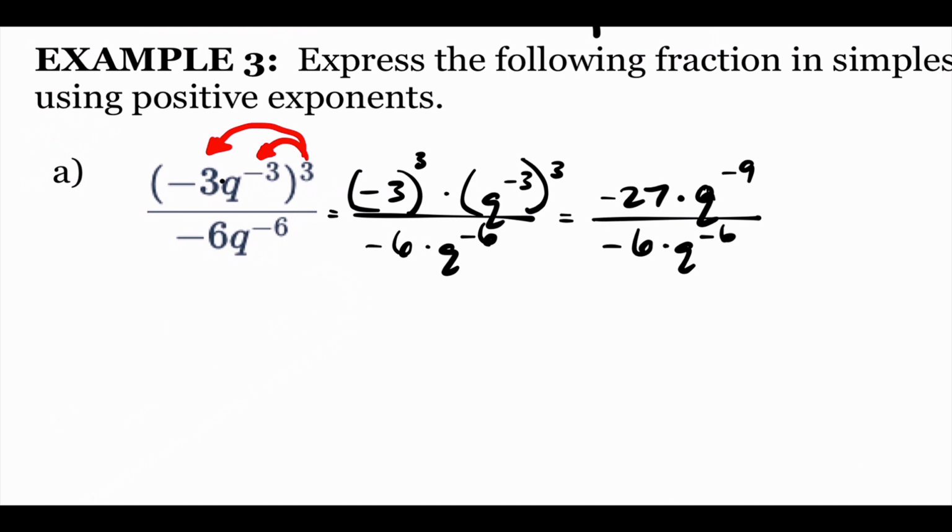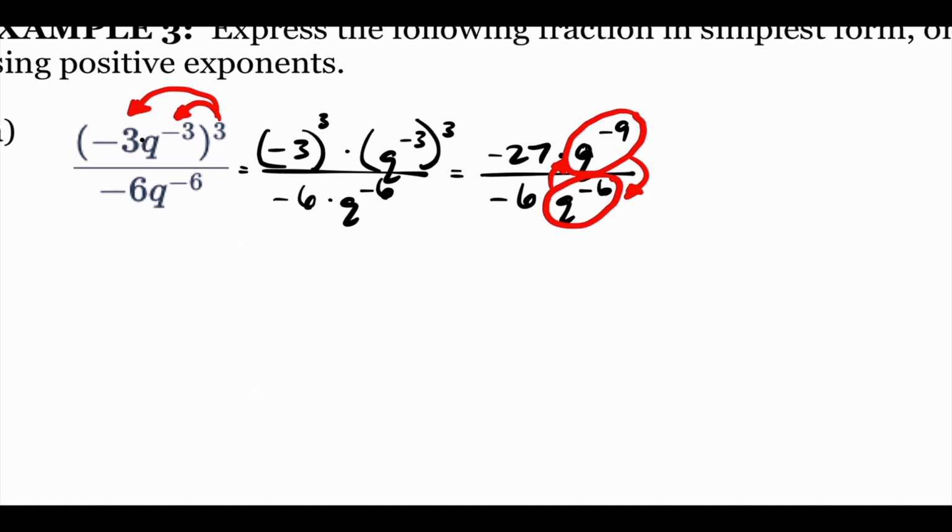Negative exponents. This guy is going to move down. This guy is going to move up. So I get -27, q to the +6, -6, q to the +9.